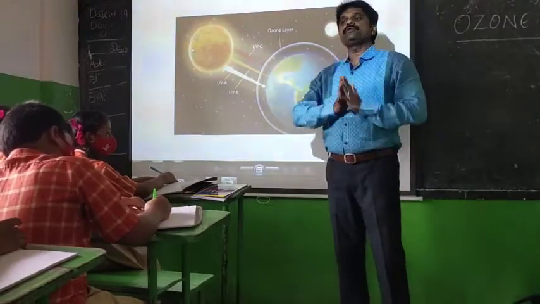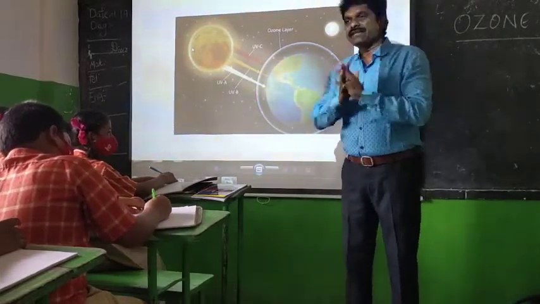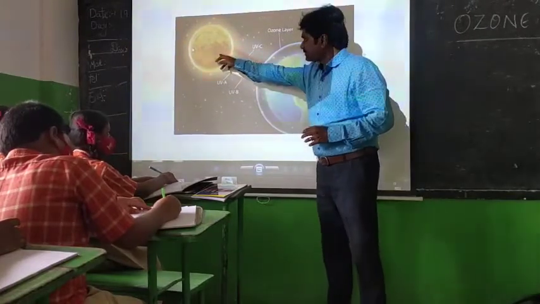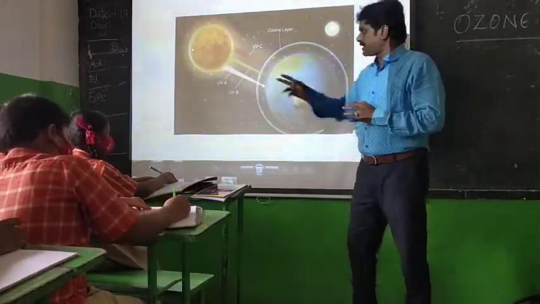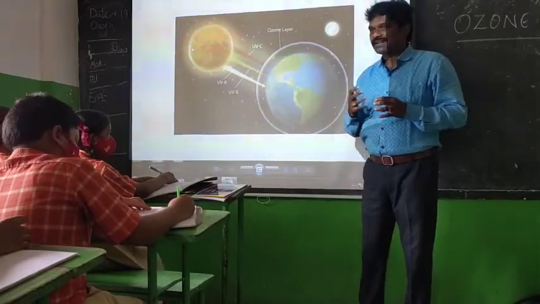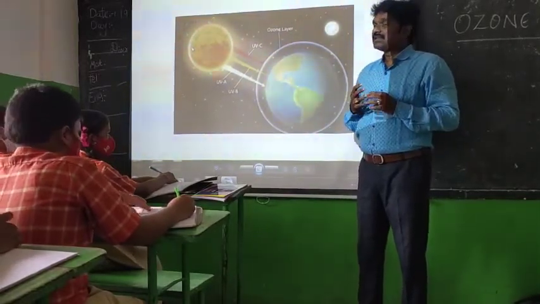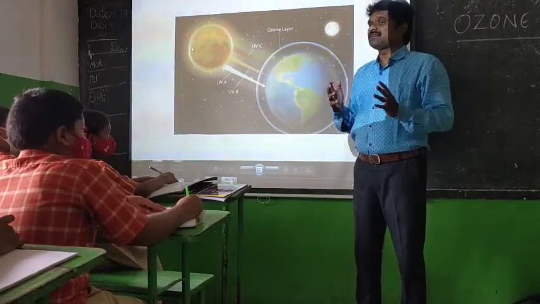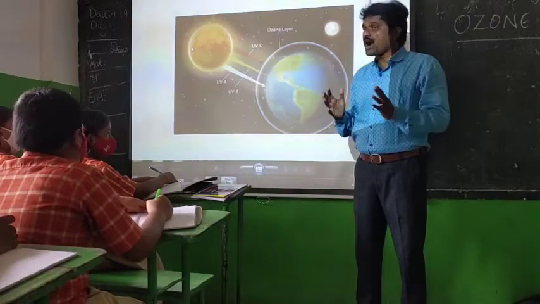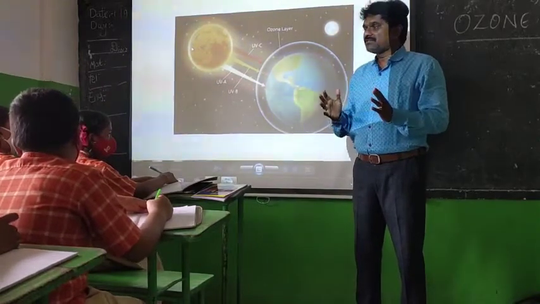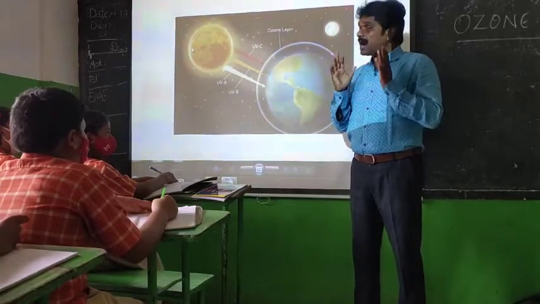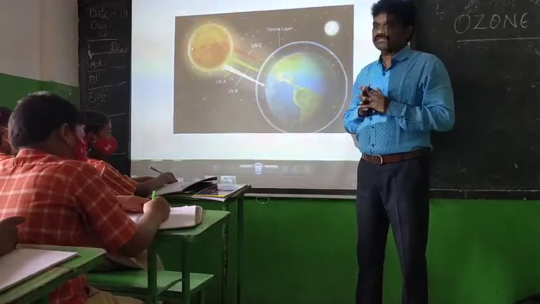So what is happening to this ozone layer? Why is it there? Dear students, from the sun we get light, we get the sun rays. In these sun rays, there are many dangerous, harmful rays which come from the sun.